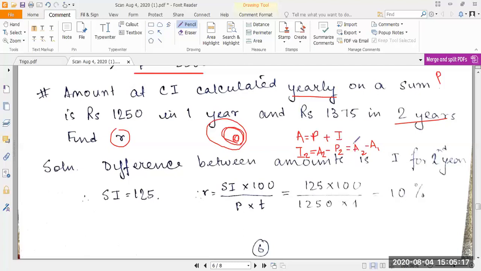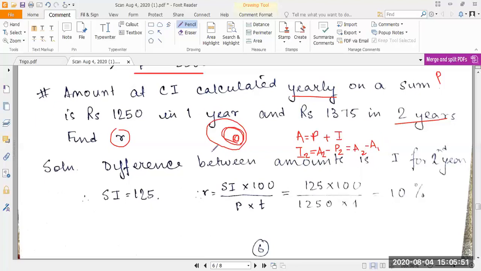And P2, the principal of the second year, can be written as A1, the amount of the first year, the amount of the previous year, when we are considering the second year as the current year. So I2 is essentially A2 minus A1. So you see, the interest of the current year is the difference between the amount of this year, the current second year, and the amount of the first year.